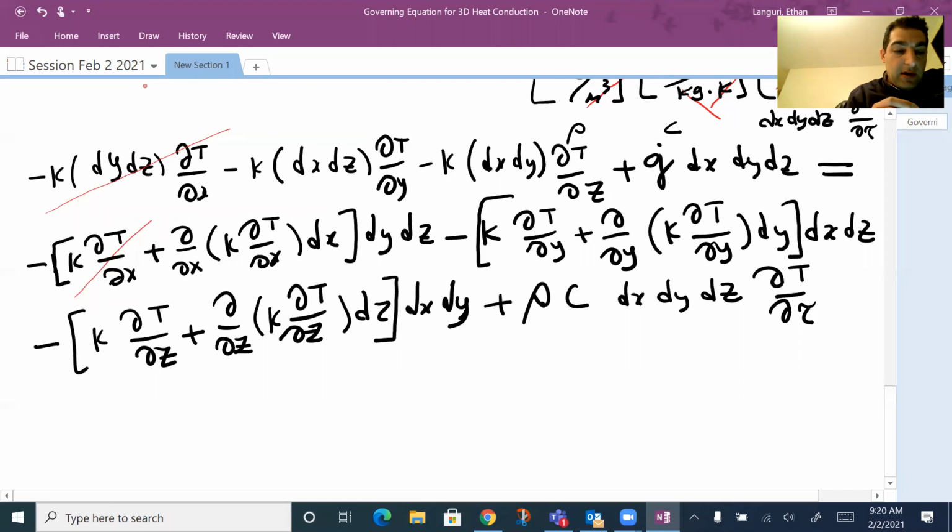Same thing along the y direction. I can drop this term with the first portion of this. Again, let me show it one more time. I have minus k dx times dz del t over del y, and on the other side of the equation, I have minus k del t over del y, which at the end is multiplied by dx dz. So this term is exactly similar to the other term on the other side of the equation. They can cancel out. Same thing with the z direction.